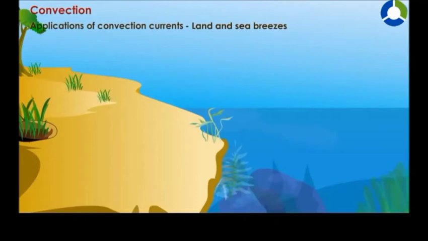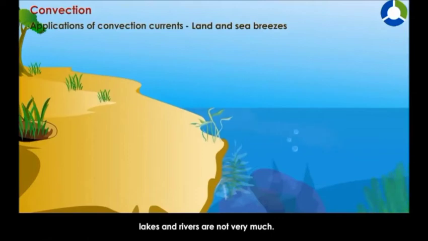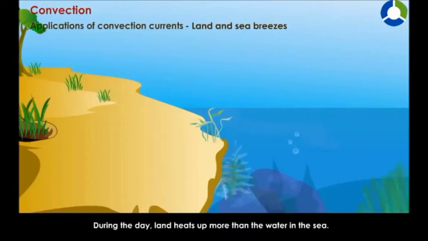Land and sea breezes. Water is cooled and heated more slowly than the land. Hence, temperature variation among oceans, lakes, and rivers is not very much. The property of water to heat up and cool down slower than land is responsible for sea breeze in coastal areas. During the day, land heats up more than the water in the sea.